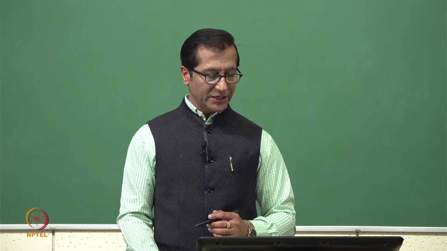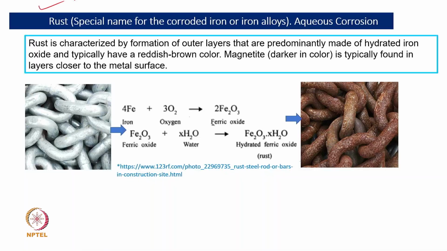Now let me take one example of rust, where we use the word aqueous corrosion. First, the iron gets oxidized and makes ferrous oxide. Till this point there is no issue, because this ferrous oxide is kind of a protective layer. Now the polar material comes, water comes, and it becomes an electrolyte, and the electrolyte makes a cell.